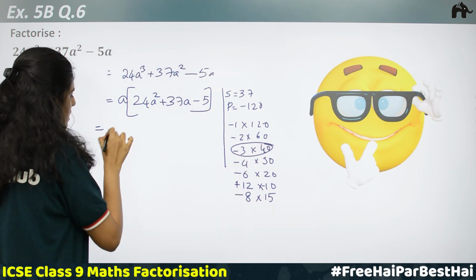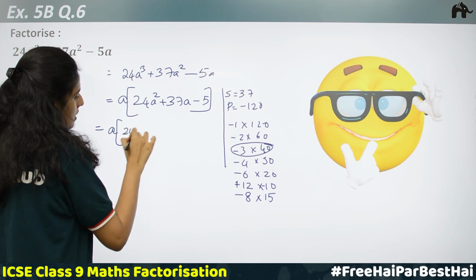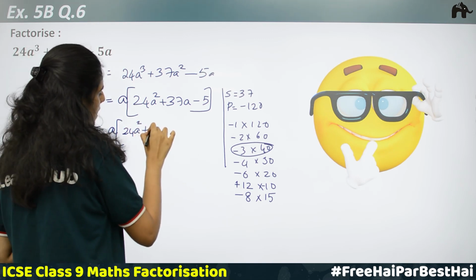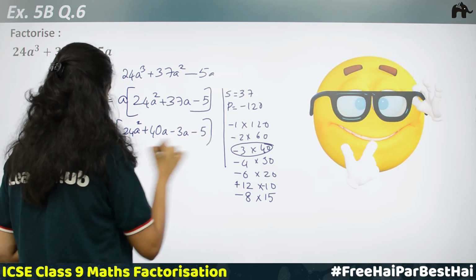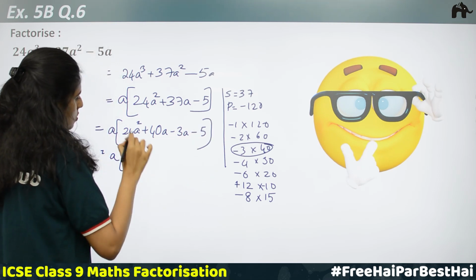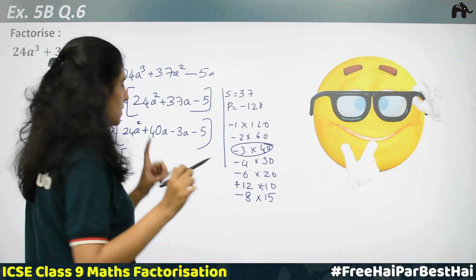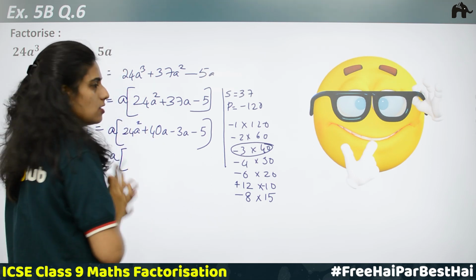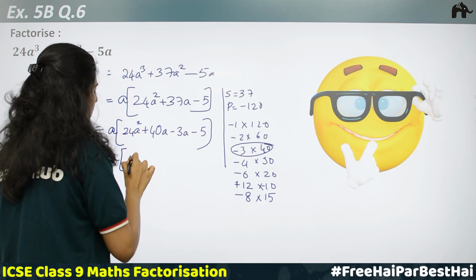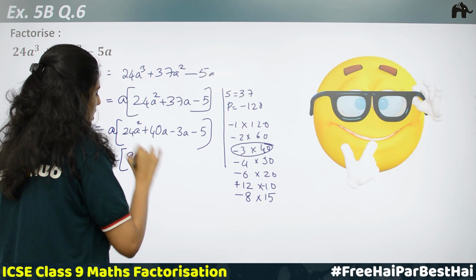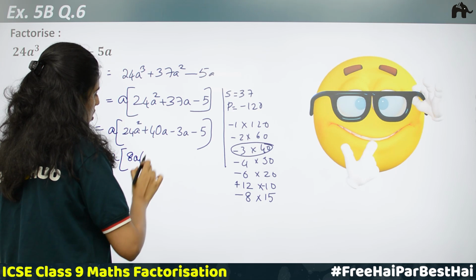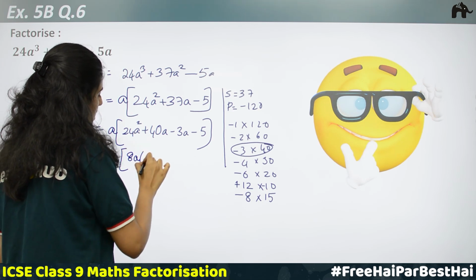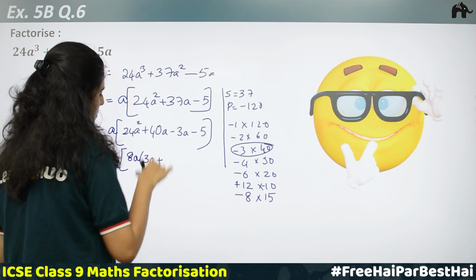We can split the middle term: a into 24a square plus 40a minus 3a minus 5. Here, a into 24a square plus 40a. A is common. What else is common? 8 can be taken out. So, 8a into 24a square. When 8a is taken out, remaining we will have 3a plus.